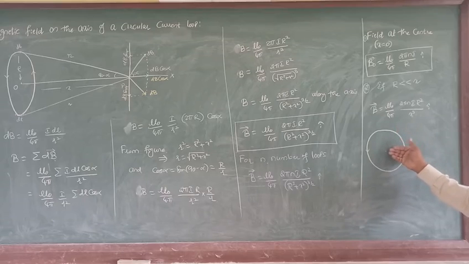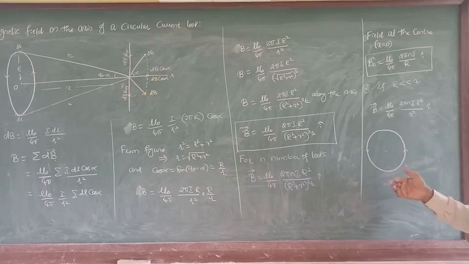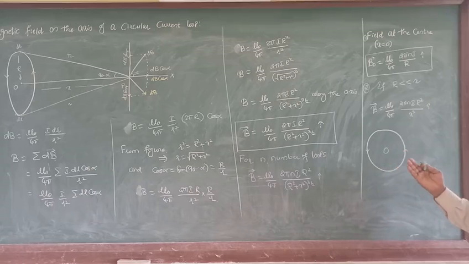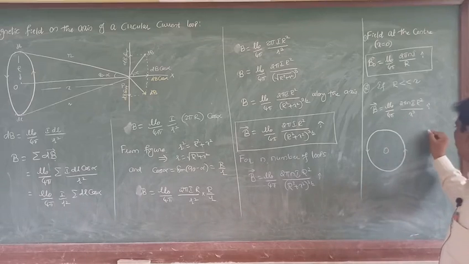The fingers come out from the center, hence the field is towards the observer and perpendicular to the board, because the axis is perpendicular to the board. So in this case the field is towards the observer. Now let us discuss one more case.